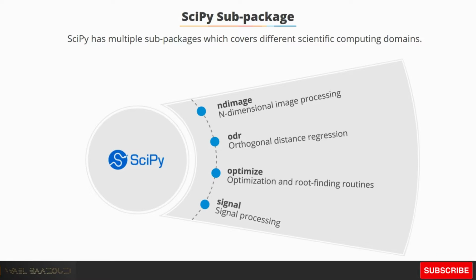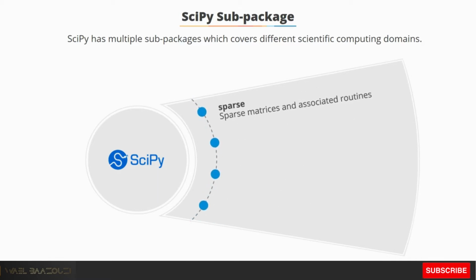Signal. Signal processing is an enabling technology that encompasses the theory and application of processing or transferring information in many different formats broadly designated as signals. Sparse. It's a two-dimensional sparse matrix package for numeric data. Weave.